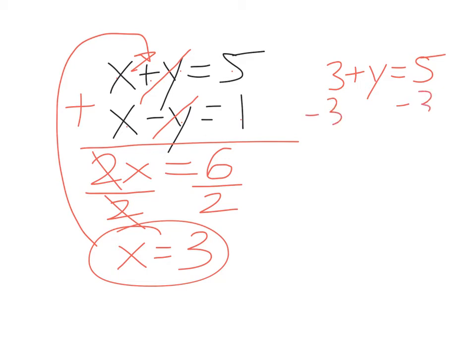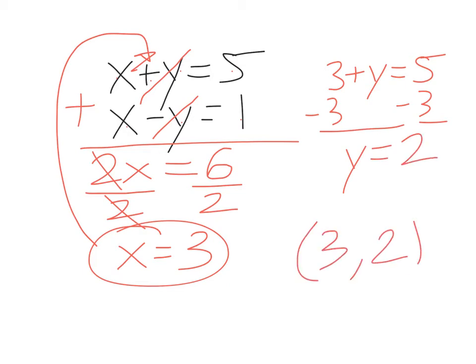Subtract 3 from both sides, and I get y equals 2. So the ordered pair is (3, 2). And if you think about it carefully, 3 plus 2 is equal to 5, and 3 minus 2 is equal to 1. So it does in fact work in both equations.